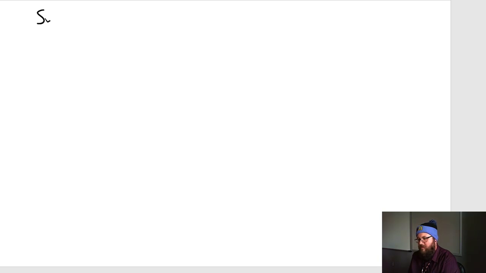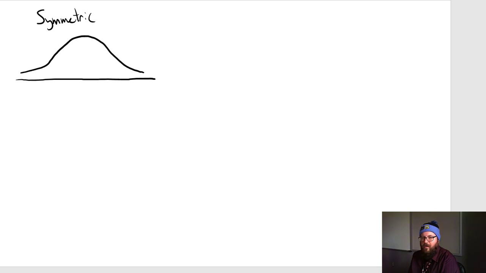So if we have a symmetric curve, all right? We're going to be looking at our mean and our median being very equivalent to each other, right? They should pretty much be the same.